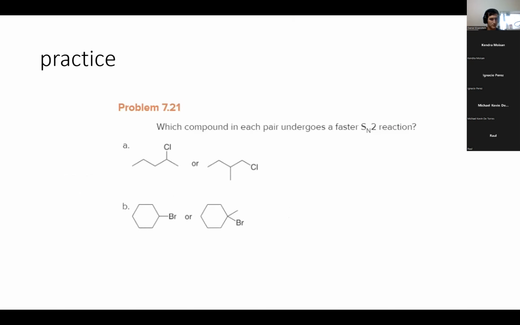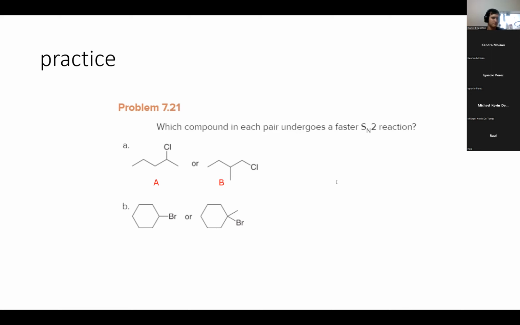Will the first compound or the second compound in A go faster? So let me put it up like this: A, B. Very good.